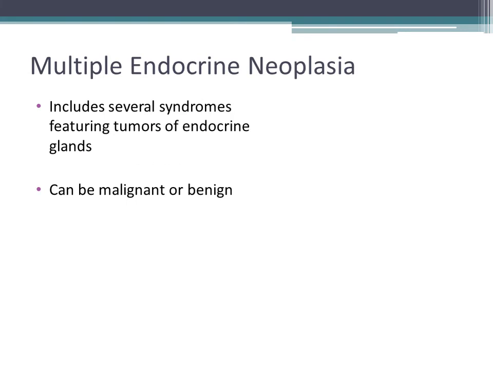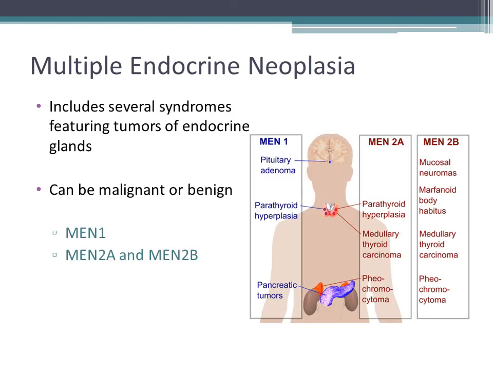Let's switch gears and talk about multiple endocrine neoplasia. Multiple endocrine neoplasia is a broad term that includes several syndromes featuring tumors of endocrine glands, and those tumors can be malignant or benign. The three main classifications are multiple endocrine neoplasia type 1, type 2A, and type 2B.